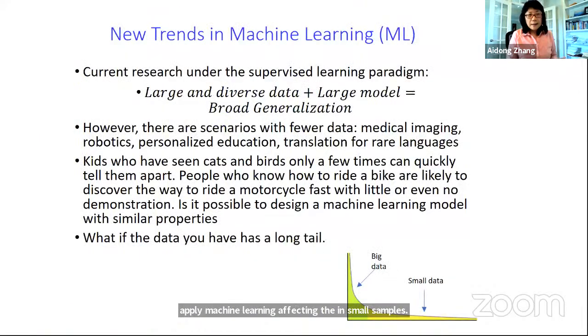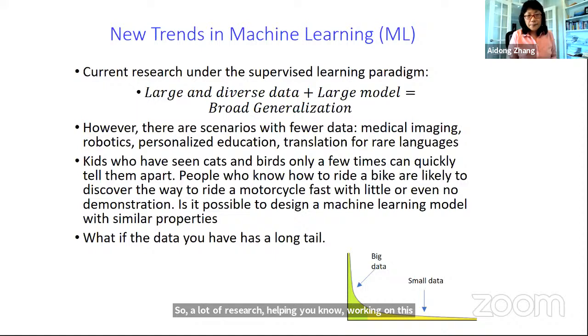With that, I'd like to introduce the latest in the machine learning community. The machine learning community has also realized this problem of big data and the long tail for small data, so a lot of research has been working on few-shot learning problems.